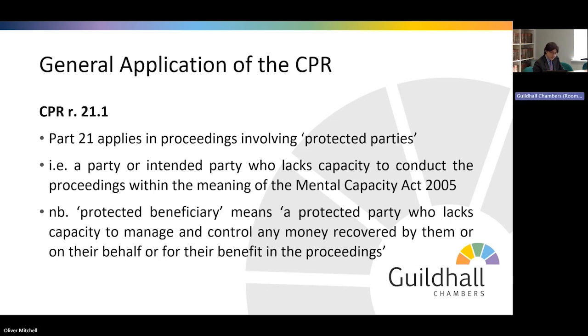The issue of capacity in civil litigation can be raised by any party or indeed by the court of its own motion, and a court should raise that issue at the first convenient opportunity if it has any doubt about the capacity question. And if there is doubt about capacity, then the court is likely to want expert evidence to answer that question, usually medical evidence and potentially specialist medical evidence and further current medical evidence.